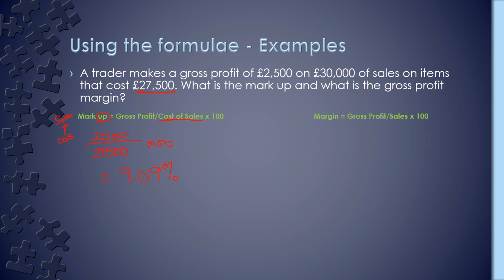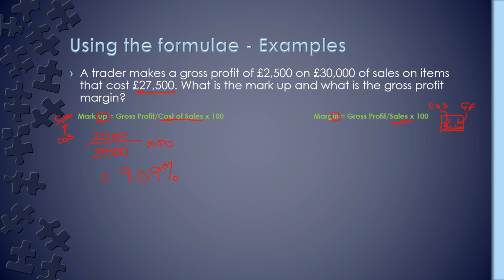So the other one then, margin, so that's the key word there. And remember on the previous slide I had a little box, and we had the cost of sales going into it, and we had the gross profit going into it, and that's what made up our sales price. So everything's going into the box, so it means we're going to be basing it on our sales price.